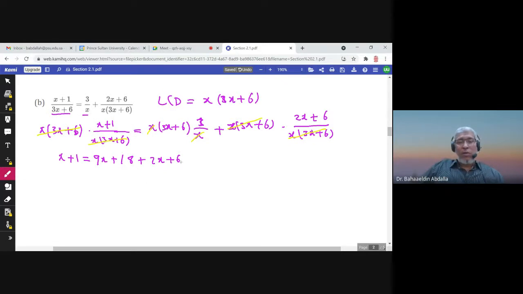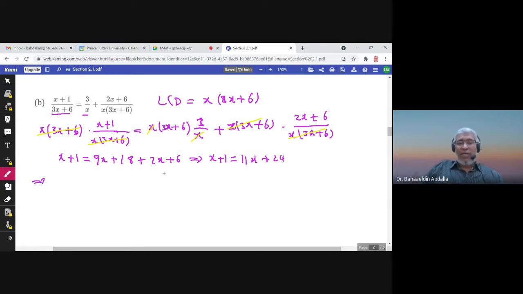All right. So I got rid of all the denominators. It's not a quadratic equation because we don't have x squared. So I just take now x's to one side and numbers to the other side. This is how we deal with linear equations. So here 9x plus 2x, that's 11x. 18 plus 6 is 24.